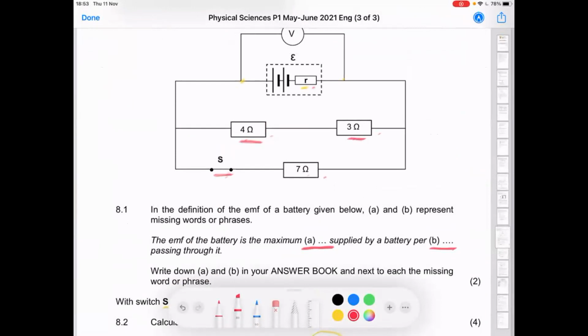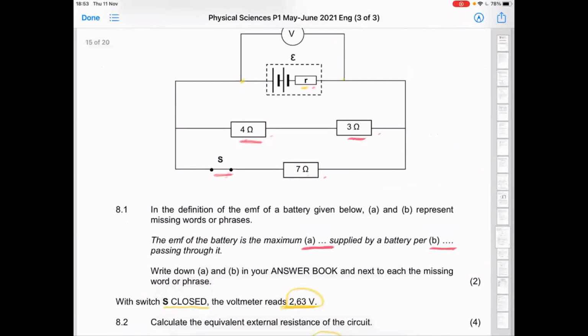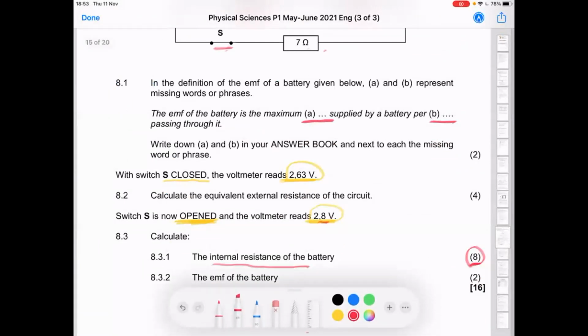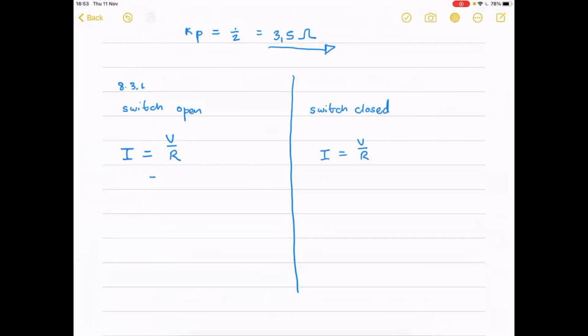So the resistance is 7 ohms and V is 2.8. When the switch is opened, V is 2.8 volts, and the resistance in the circuit is 7 because it is the 3 ohm and the 4 ohm. Put that into your calculator and you should get 0.4 amps.